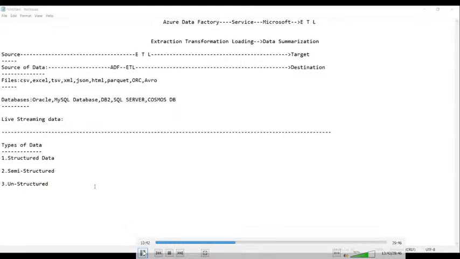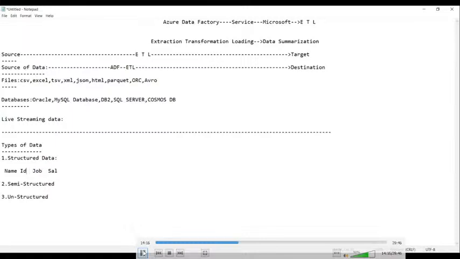Now let us understand what exactly structured, semi-structured, and unstructured data are. Structured data is data that is already placed in the form of proper rows and columns. For example, I have name, ID, job, salary.